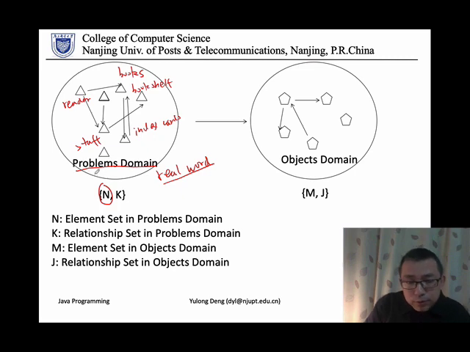And we must notice they have relationships between them. For example, I'm a reader. Here are the books. A reader should borrow books from the library and return books. So between the reader and the books, there's a relationship: they borrow and return.